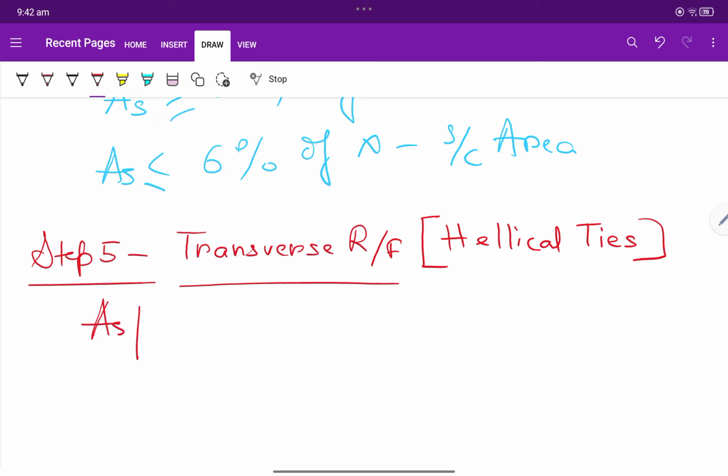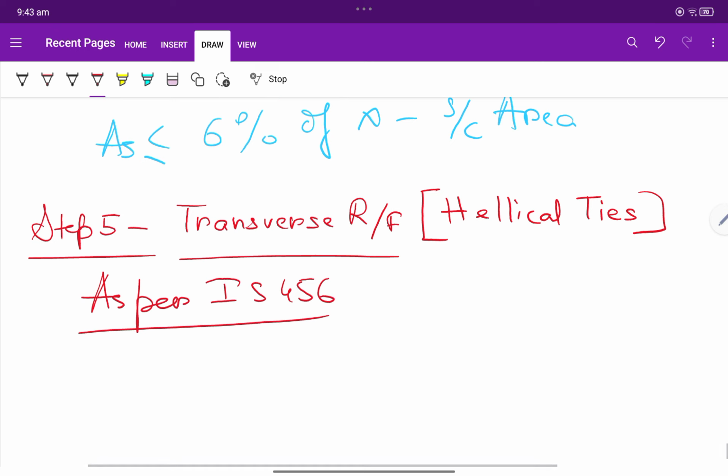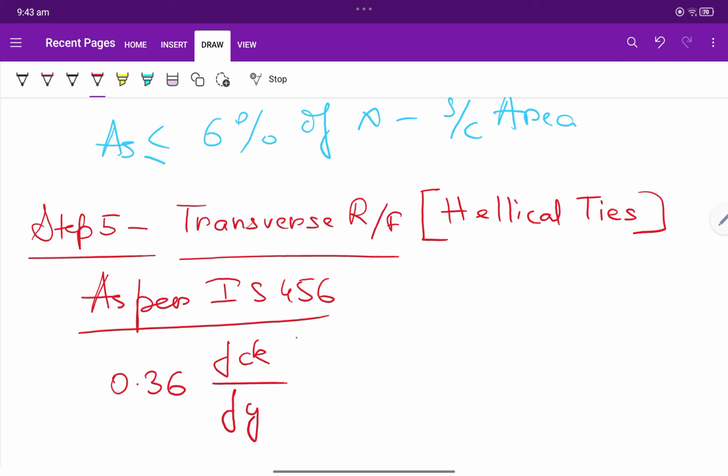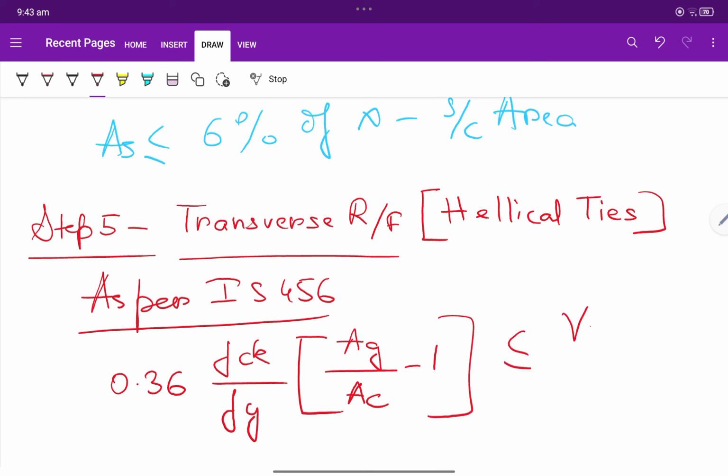as per IS 456, the main formula that comes here is 0.36 fck by fy, multiplied by Ag divided by Ac minus 1, that should be greater than or equal to Vh divided by Vc.